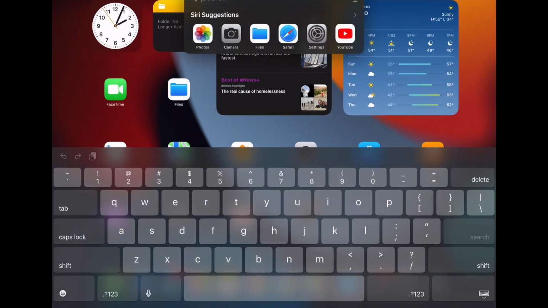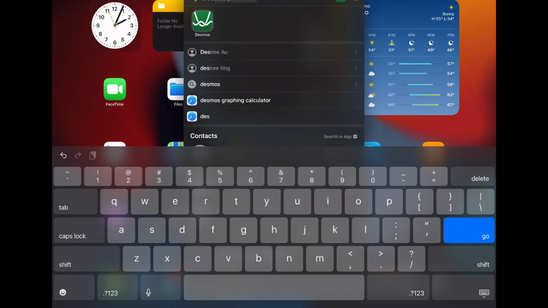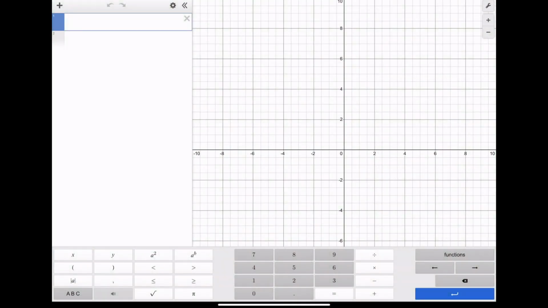Put that into Desmos. Let me put in the function. y equals x squared plus x minus 3.